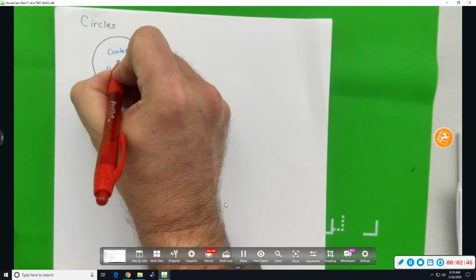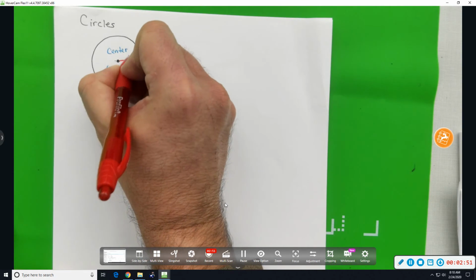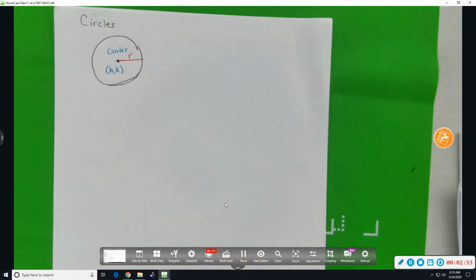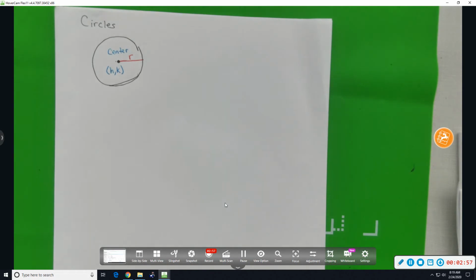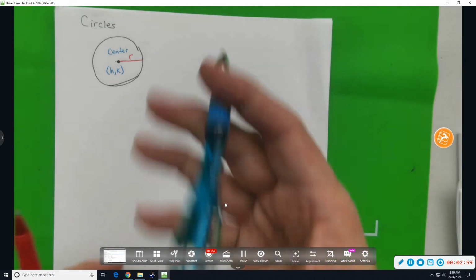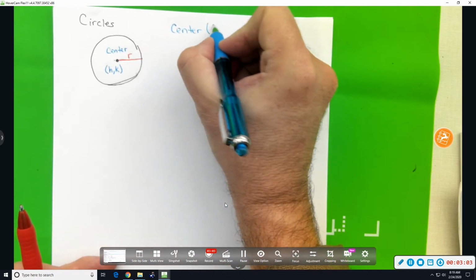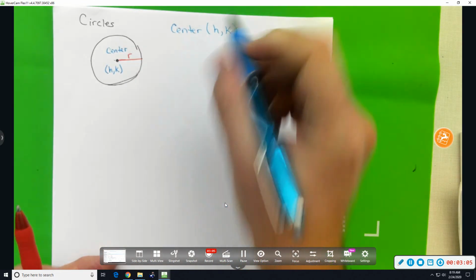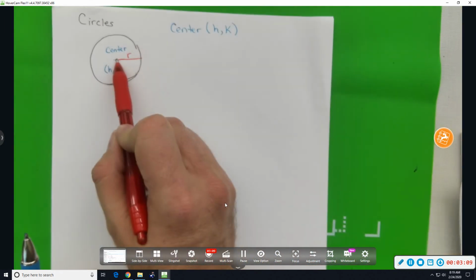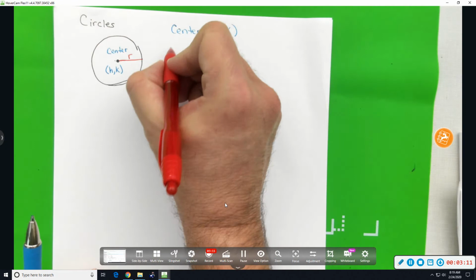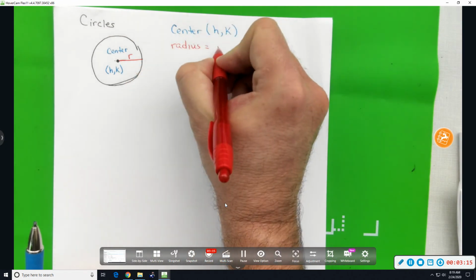And then however far over you move your pencil, that's the radius. And I'm going to abbreviate the radius of a circle with the letter r. So the center of the circle, we're calling the ordered pair h, k. And the radius is the distance from the center to the outer edge. That radius I'm going to abbreviate with the letter r.